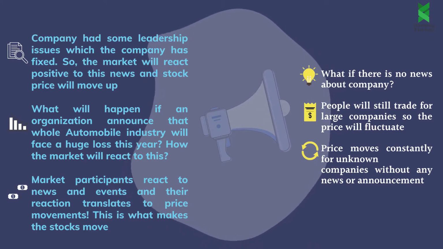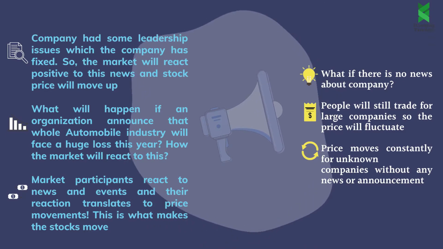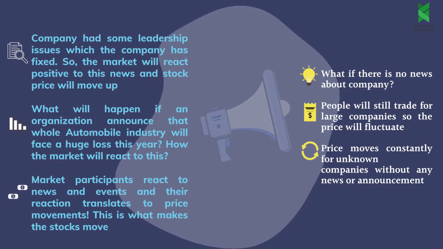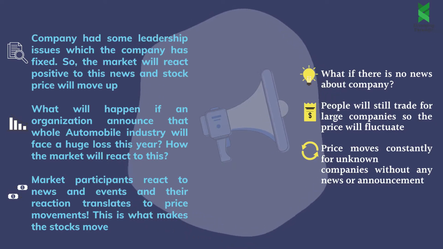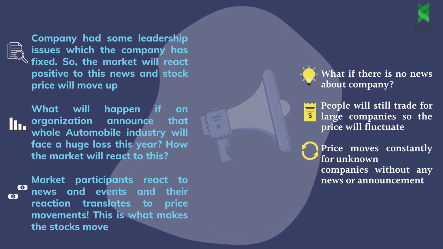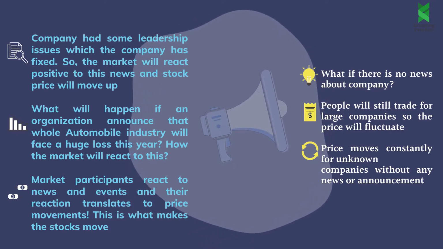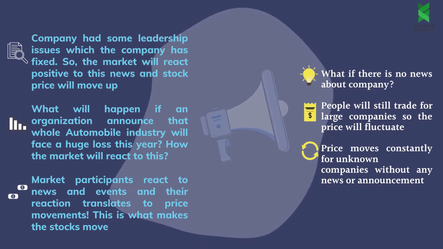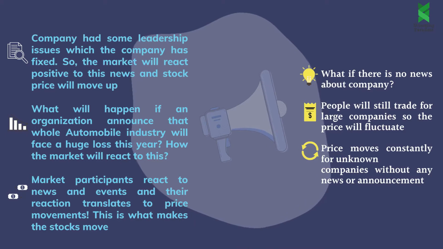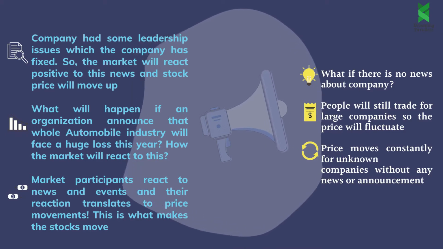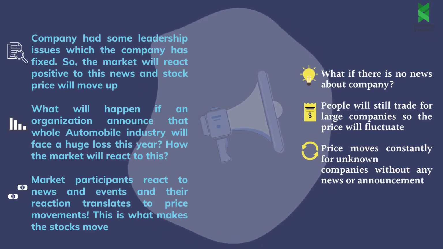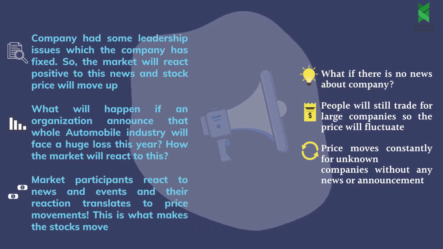So now you can understand how the market participants react to the news and events and their reaction translates to price movements. So that is why the stocks move. If there is any positive news, then people react to the news positively and the stock price of the company moves up. If there is negative news, then the stock price moves down. But this is not always the same.